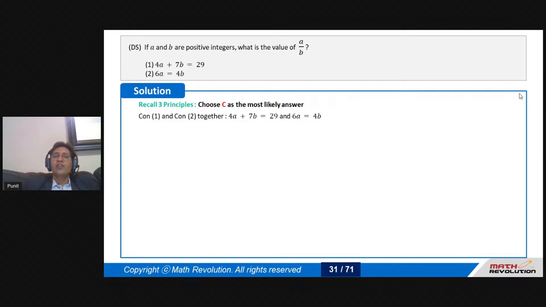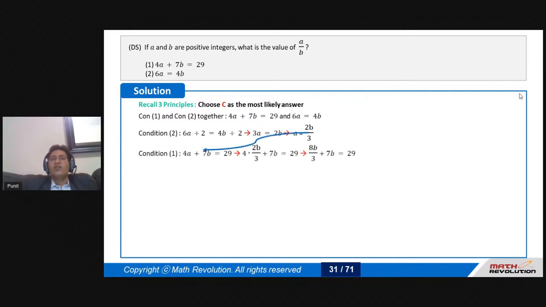If we combine both the situations right away at the start, it says 4A plus 7B is 29 and 6A equals 4B. If I divide both sides of the second condition by 2, I get A equals 2B over 3. So I'm just substituting the value of A into 4A plus 7B.